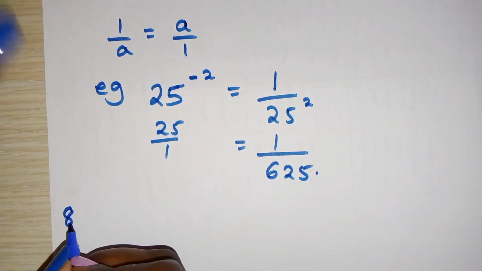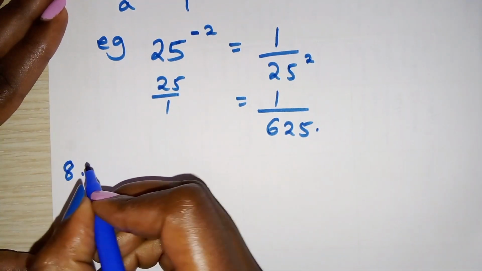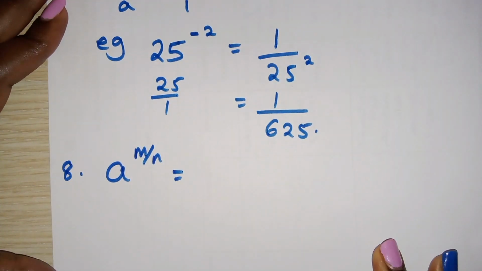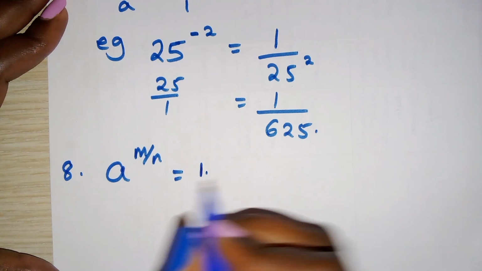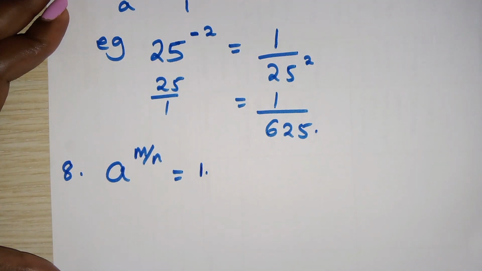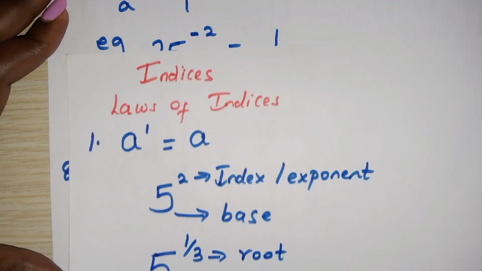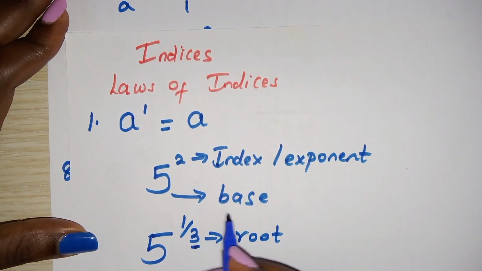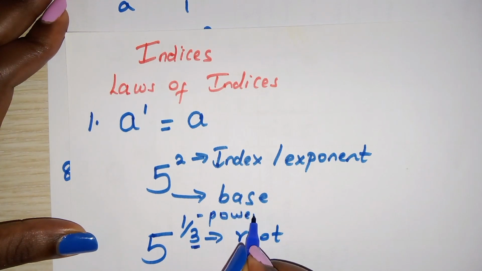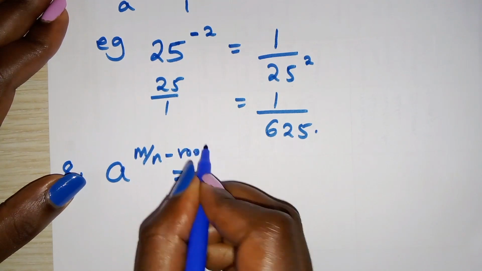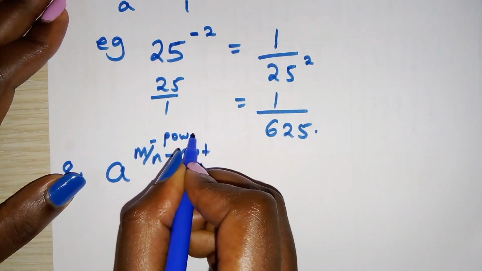Okay, so let's go now to number 8. a to the m over n. This one can be done in 2 ways. In the beginning we said that the power 1 over n is the same as the root. So this denominator is the root, and this numerator will be the power.